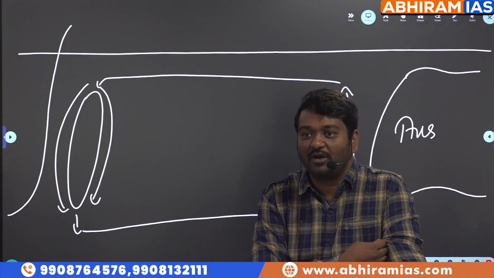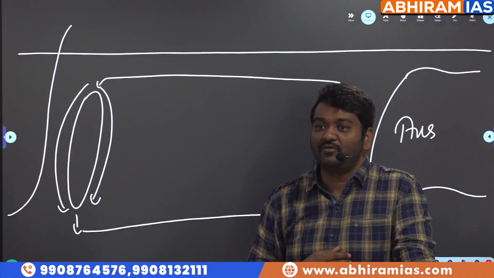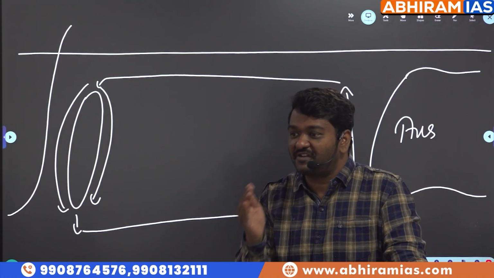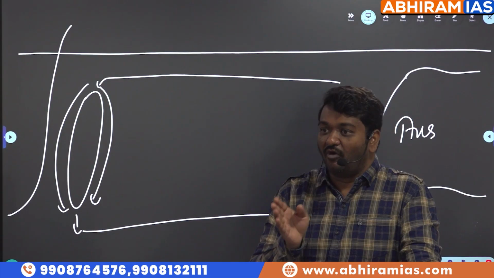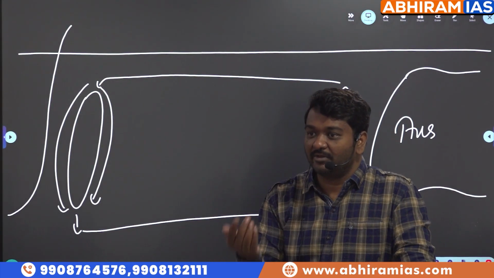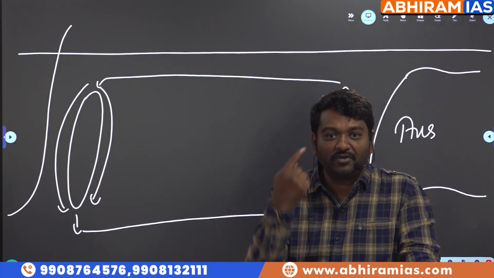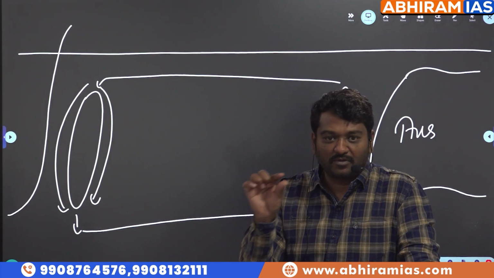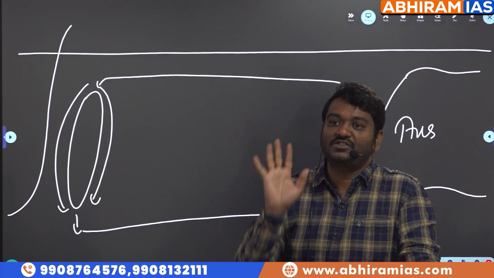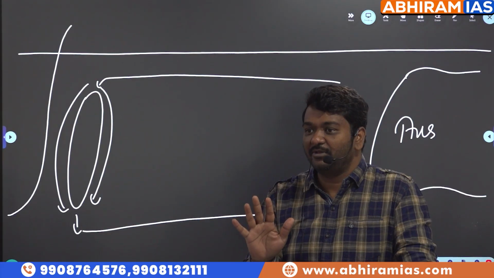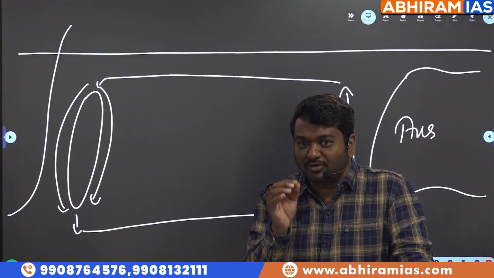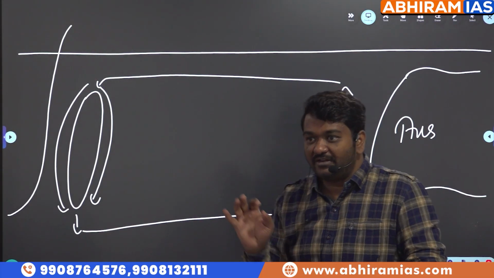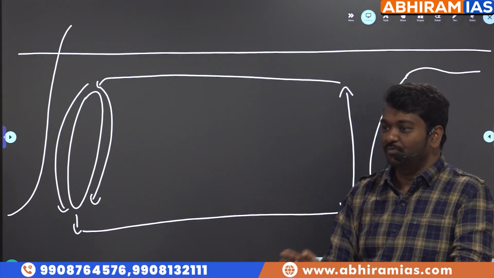Questions come like this: on the western side of the oceans, on the eastern side of the oceans, warm water will be there, cold water will be there. The moment they talk about it, you get confused. Draw a small world map. It doesn't take much time. Just cross-check with the things. Clarity will be there. See, 8 to 10 questions in geography come where you get these types of things. People do it.